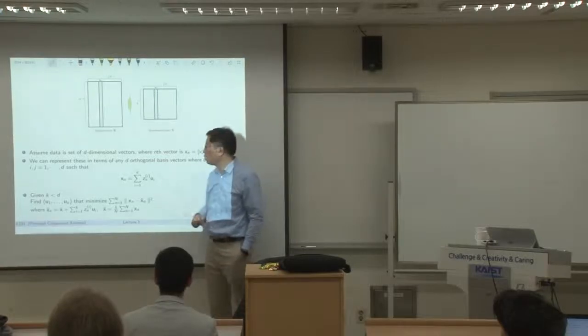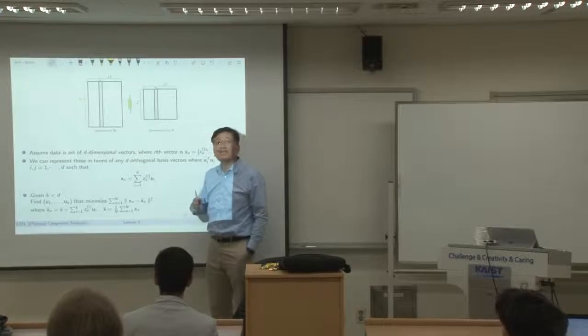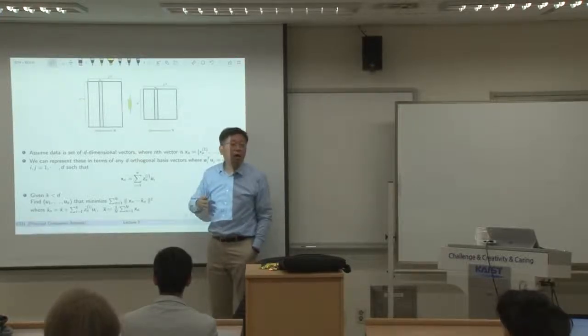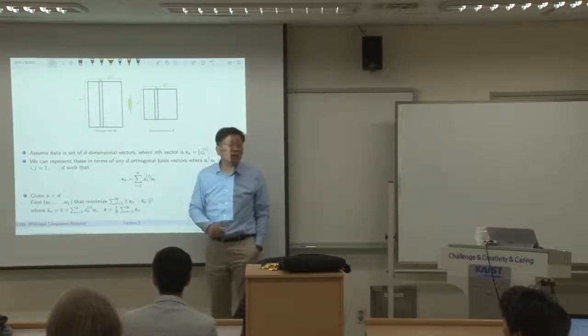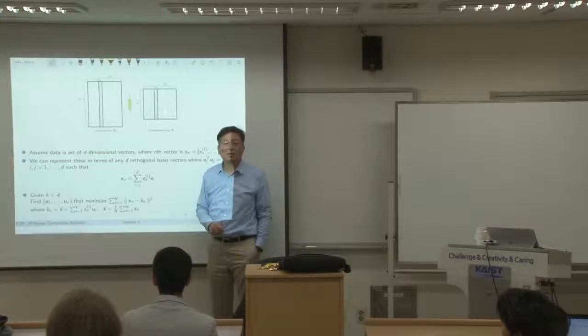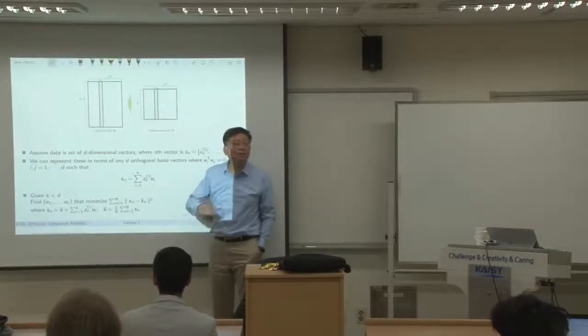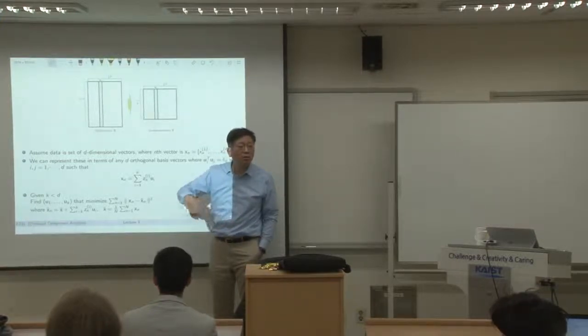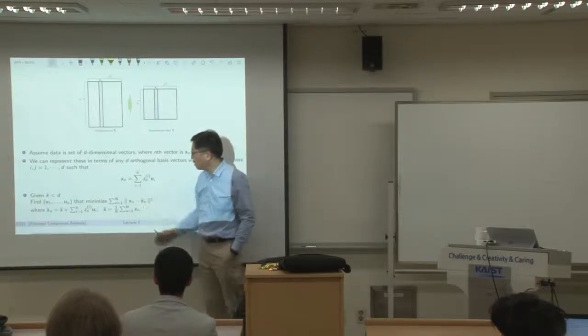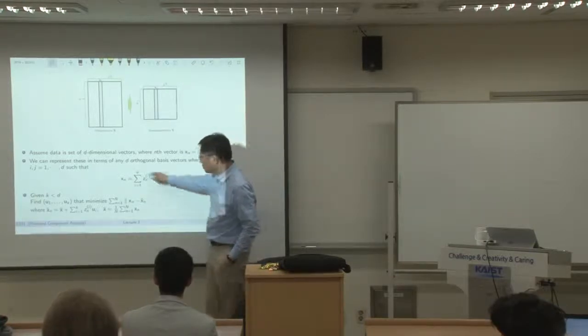The U_i's are what? A basis, but they are orthogonal. So how do I get the Z? I just take the inner dot product with each one of them. That's how the z's are.